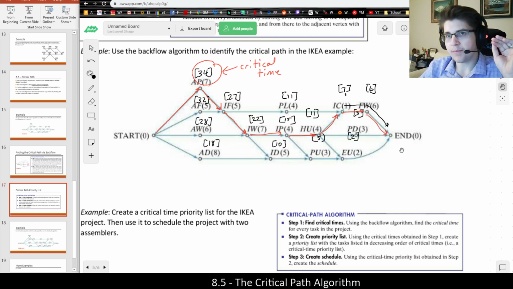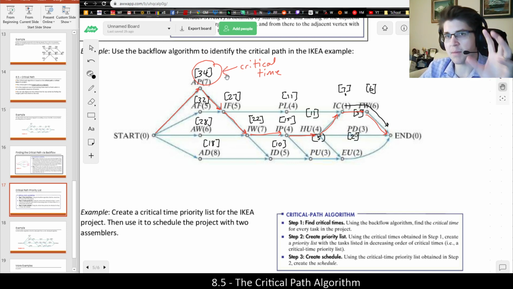where the highest bracketed numbers would be highest priority and the lowest bracketed numbers would be lowest priority. And this makes really good sense because the tasks with the longest critical times, as we talked about, are going to have the longest times of completion from that specific point. For example, AP had a critical time of 34. That had the longest chain of events. So it makes sense that we'd want to get those done first because there's more that needs to get done after this.